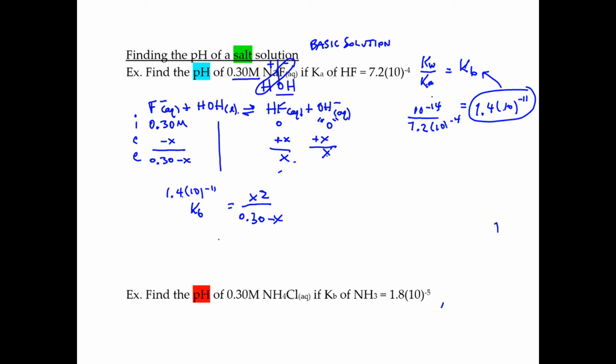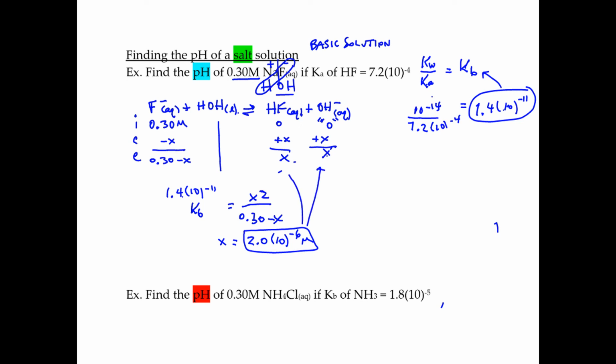And when you go ahead and solve for your x, you're going to find that x comes out to be 2.0 times 10 to the minus 6th. And when you have a minus 6, that's definitely not going to affect any of the 0.3 minus x that you had up there. So this is going to be the concentration of the OH−.